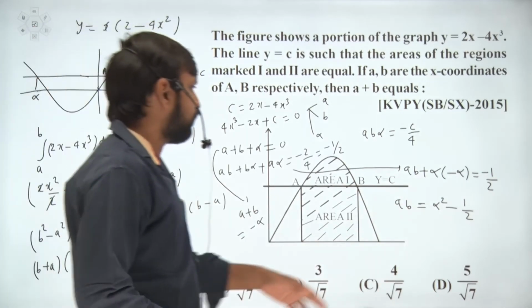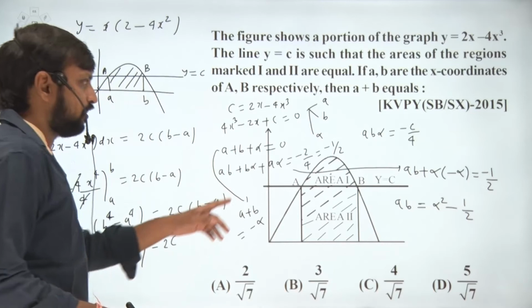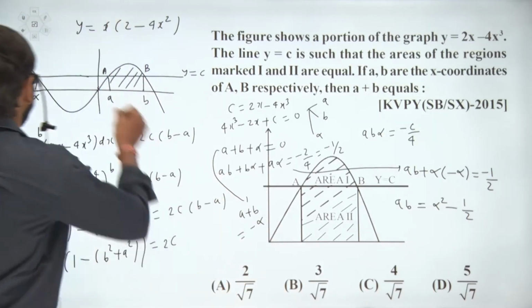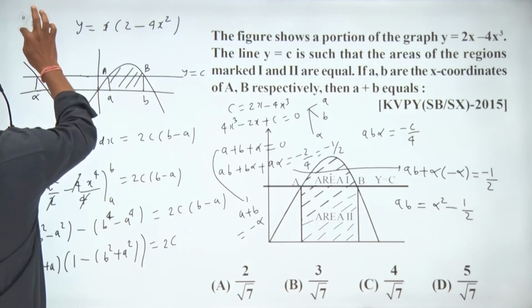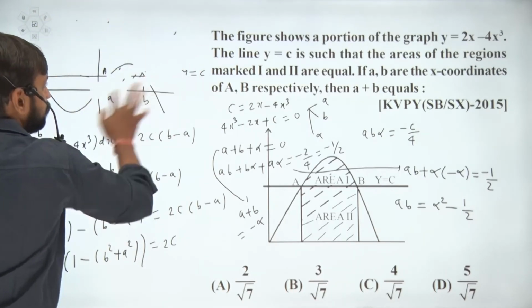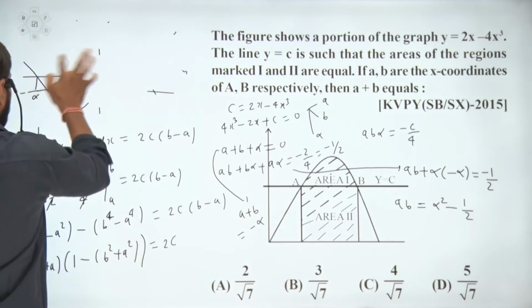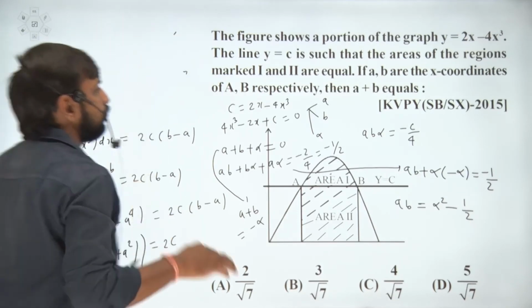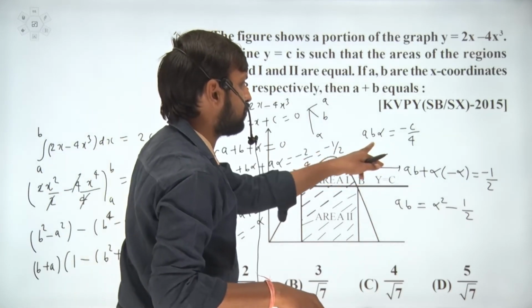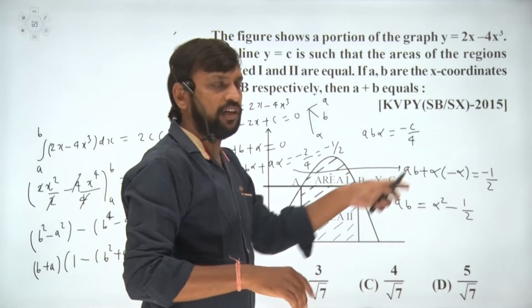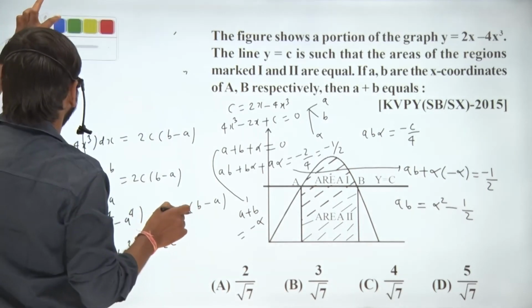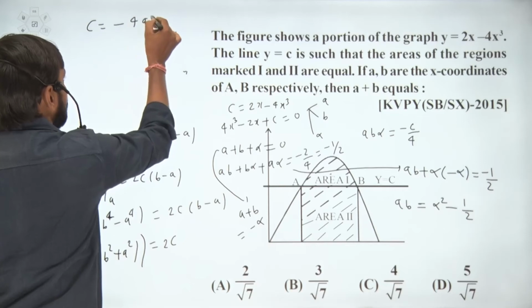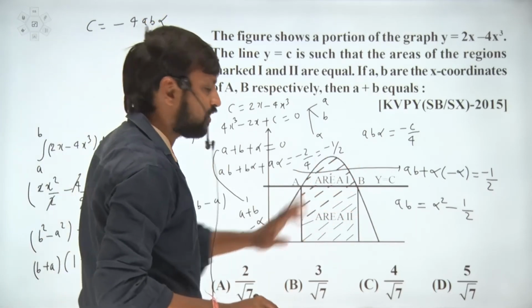Now if you put the value of all of these here, then we can find out the value of alpha. Now the value of c is also there. c was minus 4 times ab alpha, and we know the value of ab is here.